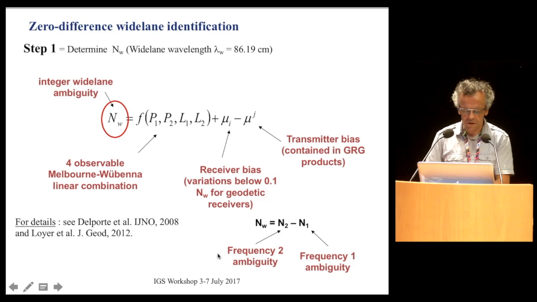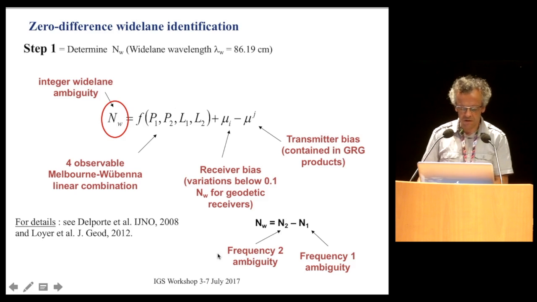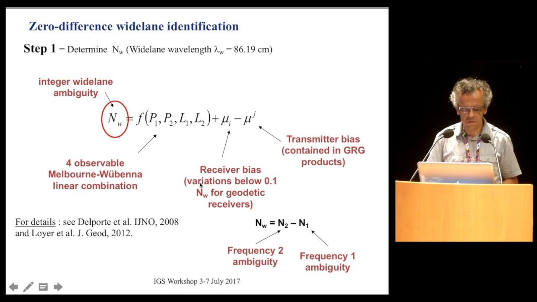Well, I will not get into details, otherwise it will take more than the 15 minutes of this talk. So the first step is based on the Melbourne-Wübbena linear combination, and on the transmitter satellite wide-lane bias, which is derived by GRG, and you determine the wide-lane bias of the receiver and the difference between the two ambiguities.